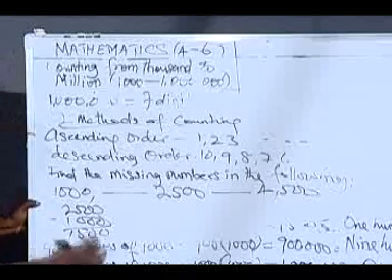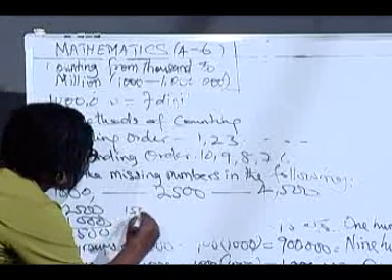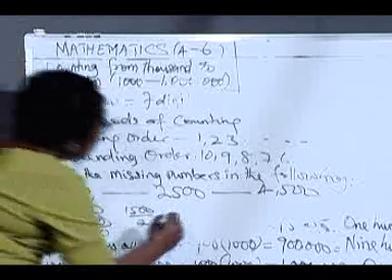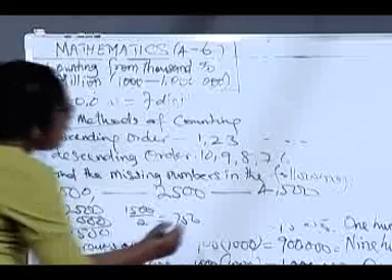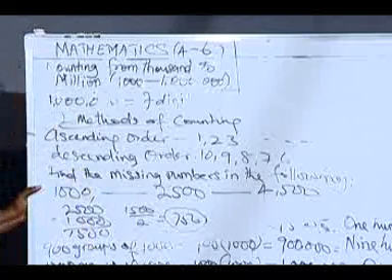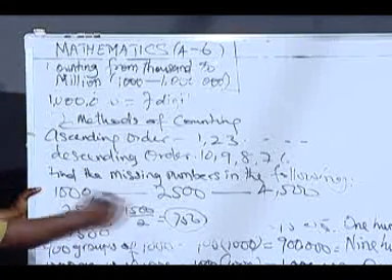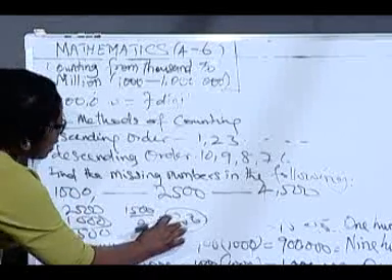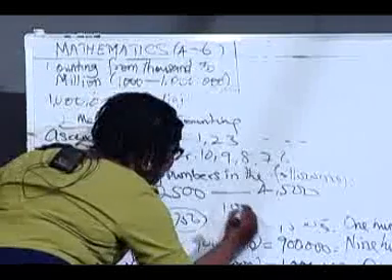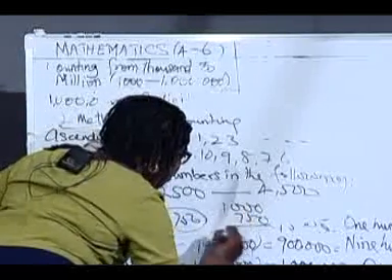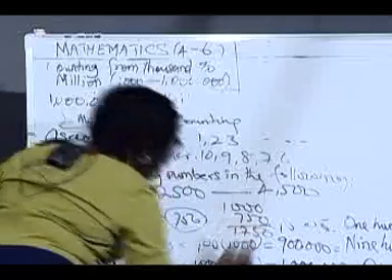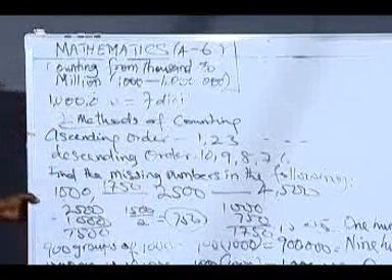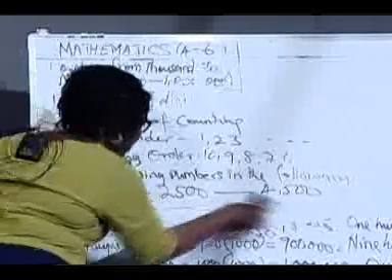So we divide this by 2. When we divide 1,500 by 2, we get 750. So this 750 is our counting number. Once it is our counting number, we quickly add it to 1,000. When we add 1,000 to 750, we are going to have 1,750, which is our answer here.